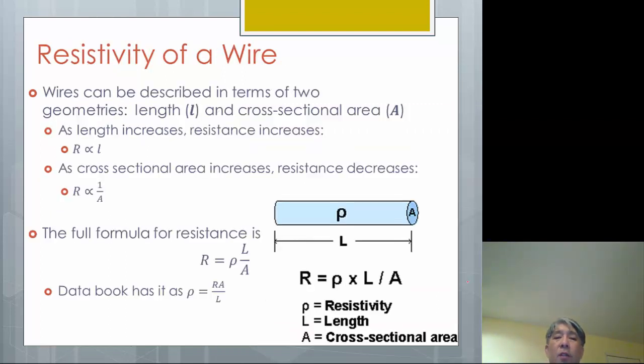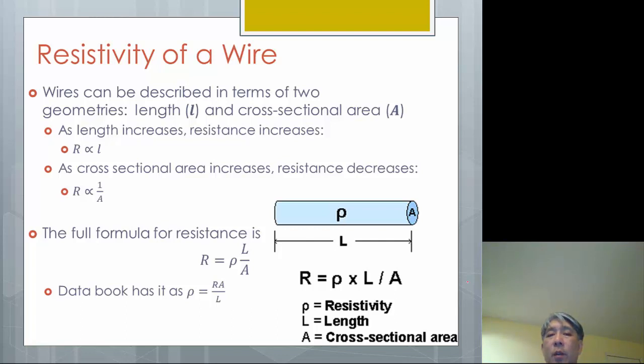So first of all, let's look at the resistivity of a wire. If I have a length of wire, the resistance of that is never going to be zero, depending on what the material is made of. If I have a longer piece of wire, my resistance would increase. And as I increase the width of my wire, the resistance would decrease.